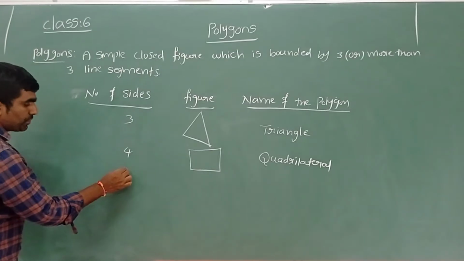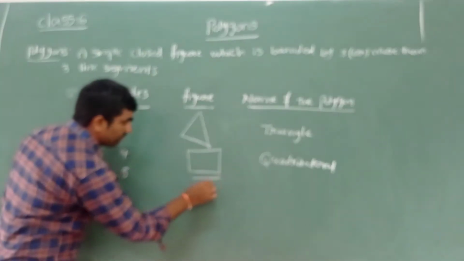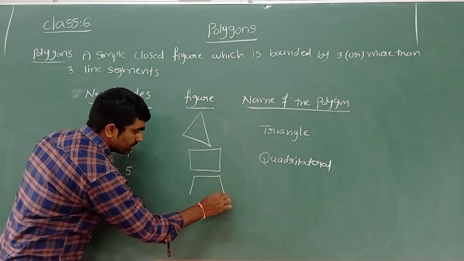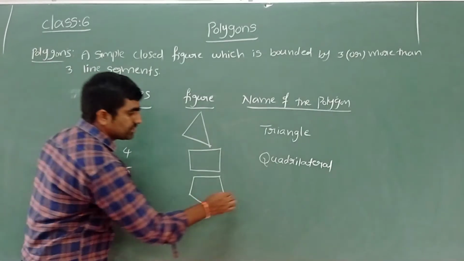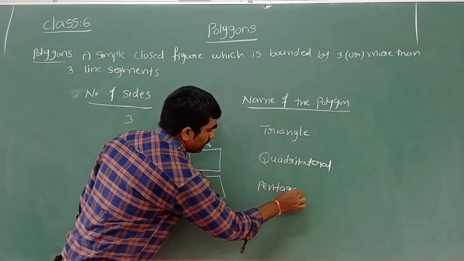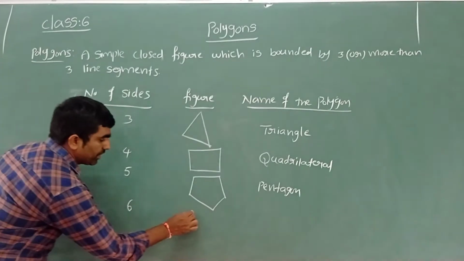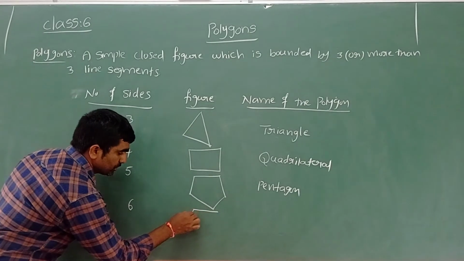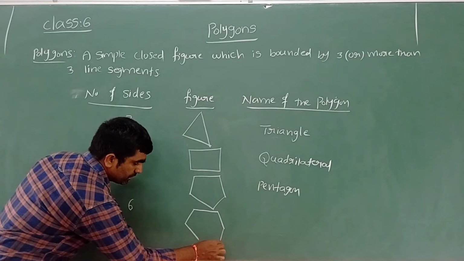If a polygon is bounded by five sides, it is called a pentagon. Let me draw the figure once here: 1, 2, 3, 4, 5. If it has five sides, we call it a pentagon. If a polygon has six sides, let me draw the figure here: 1, 2, 3, 4, 5, 6.